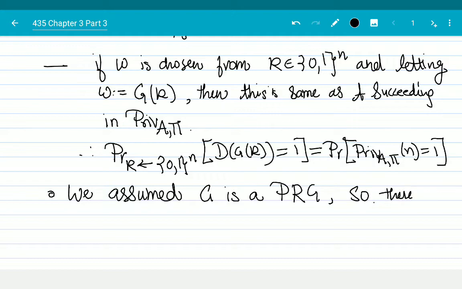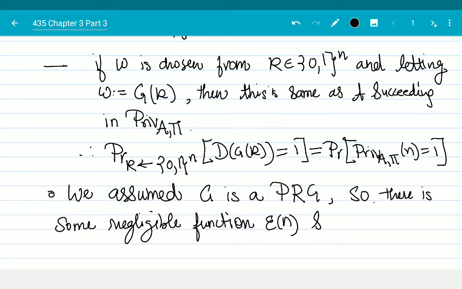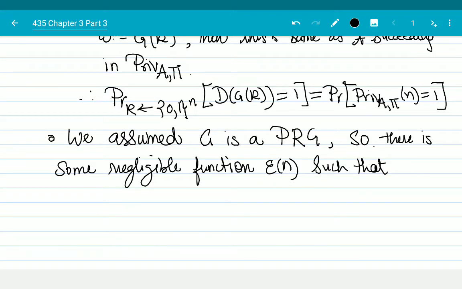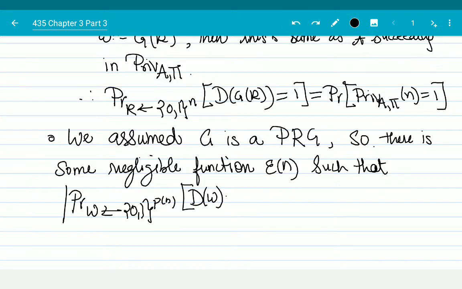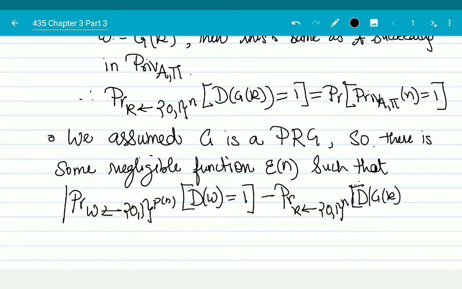So there is some negligible function epsilon of n such that the probability of W being chosen from 0, 1 to the Pn, D of W is equal to 1, minus the probability that K is chosen from 0, 1 to the n fed to the pseudo-random generator, D of G of k is equal to 1, is smaller than or equal to epsilon n, right?